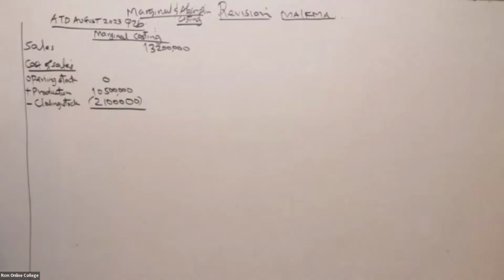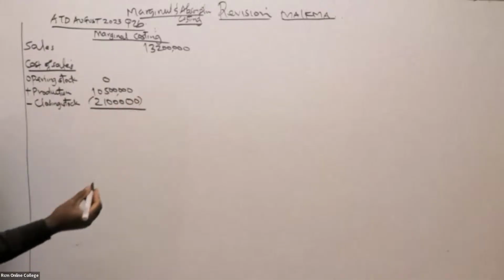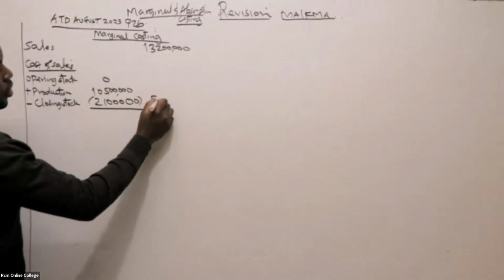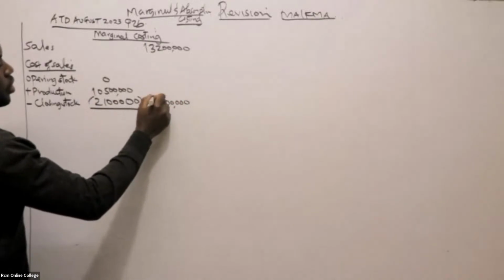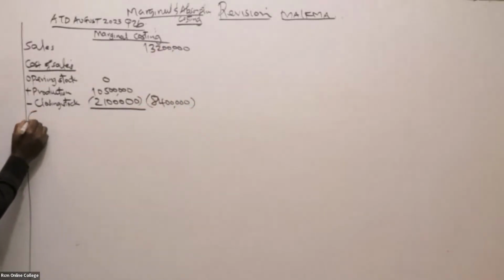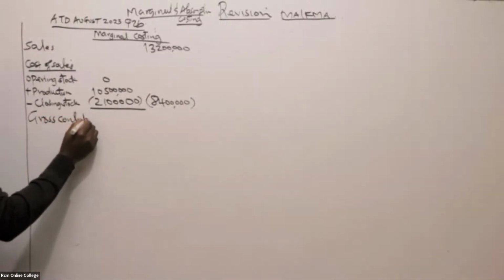Good. So what is our cost of sales? The cost of sales we are referring to here is 8,400,000. Now, when you deduct that from the revenue, what we are getting is called the gross contribution.